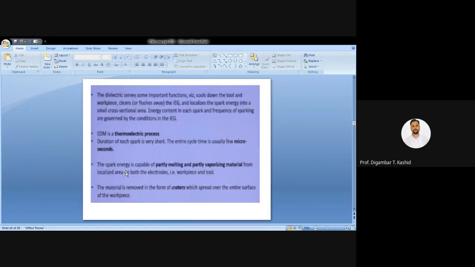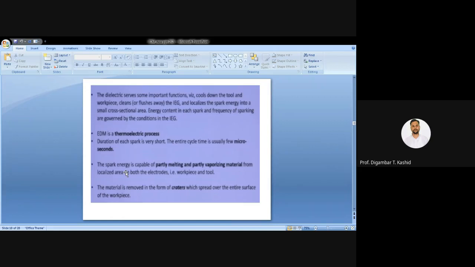Now here, as we know, the dielectric fluid is supplied between your tool and workpiece, in that gap, the inter-electrode gap.